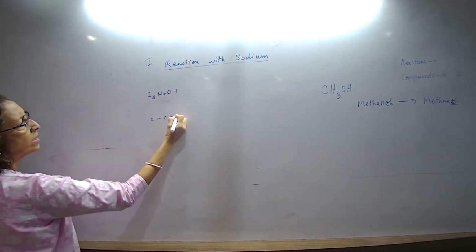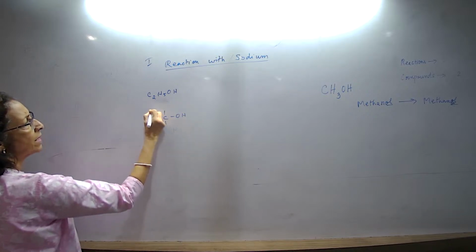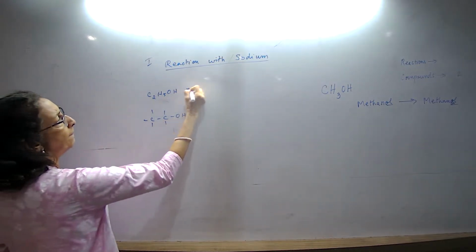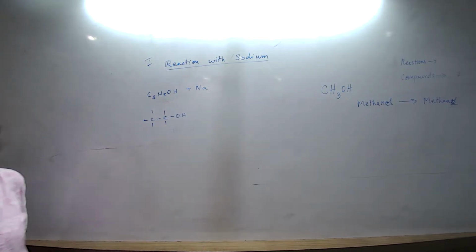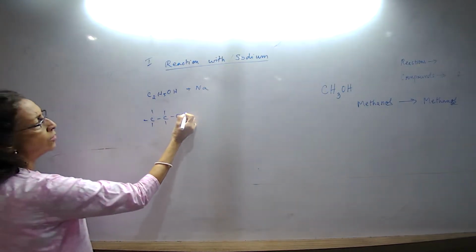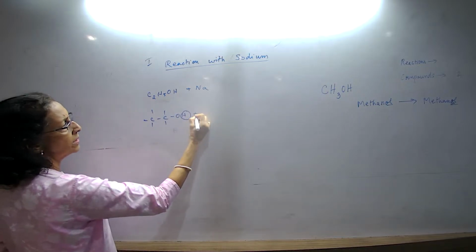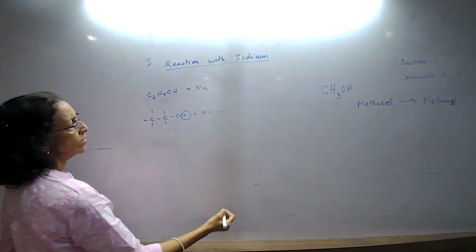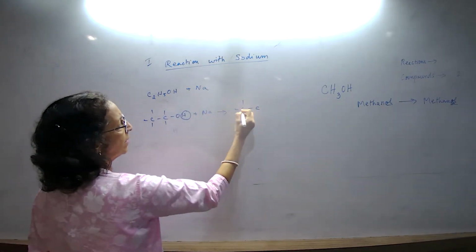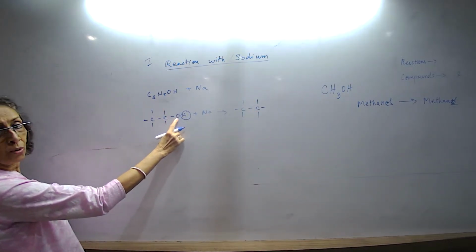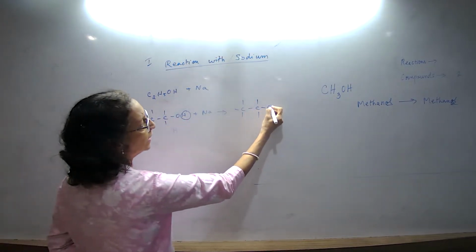I am writing down the structure in this form so that it becomes easy for you to understand the reactions. Okay. So now we have the reaction with sodium. What's going to happen? This hydrogen part of it is going to be removed. Sodium is going to come instead. So what's happening here? This part of it remains the same. Did you get it? There's an O and an Na.